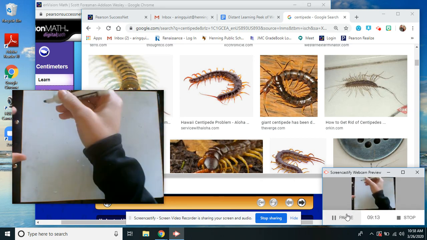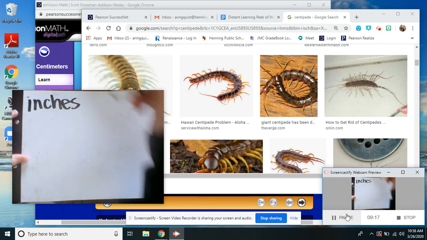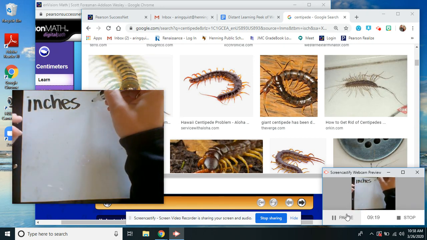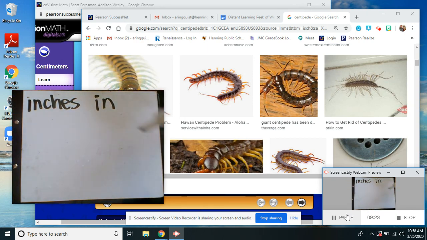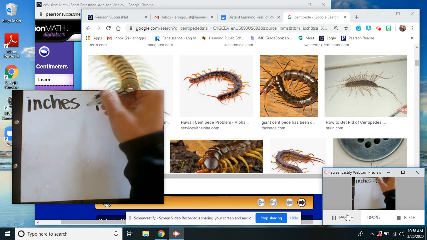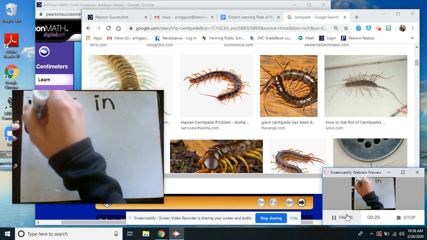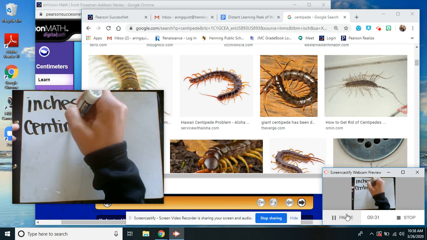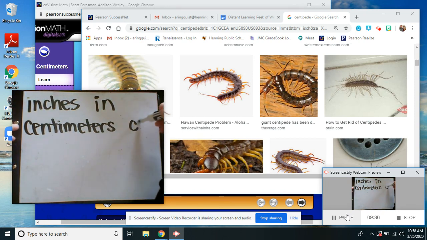All right. If you recall from yesterday, we learned about inches. This can also be represented by saying inches, or by writing IN. IN stands for inches. Today we're going to be learning about centimeters, and the abbreviation for this word is cm.